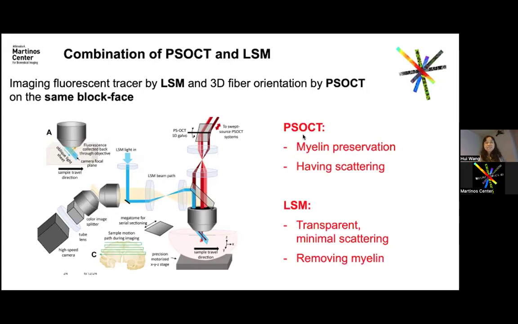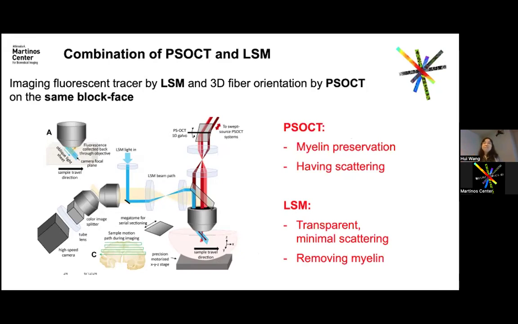The reason is that PSOCT really images the myelin in the brain, which also needs scattering. So we need to preserve the myelin to have both scattering and birefringence properties. Whereas light sheet microscopes usually image transparent tissue, which means the tissue is cleared.